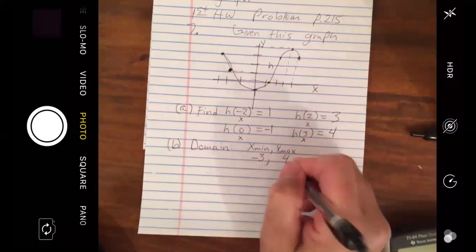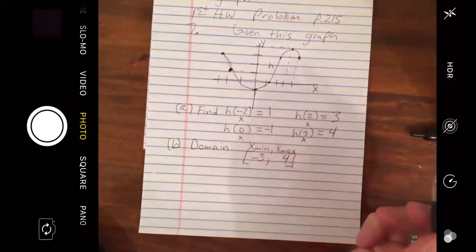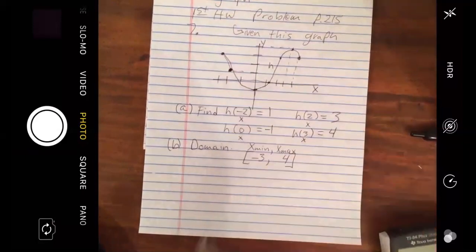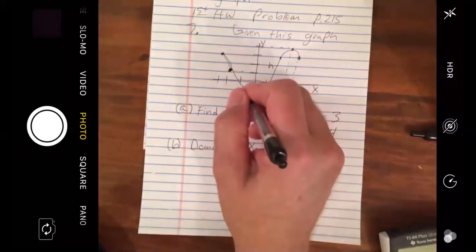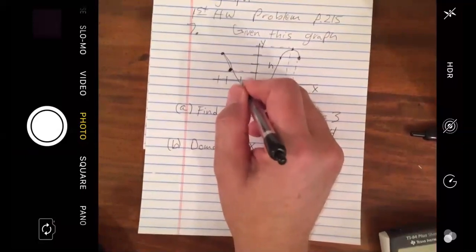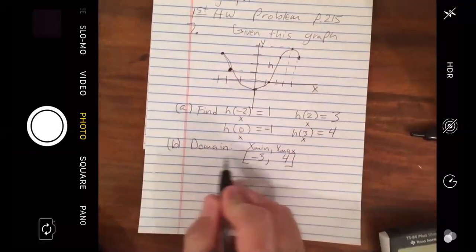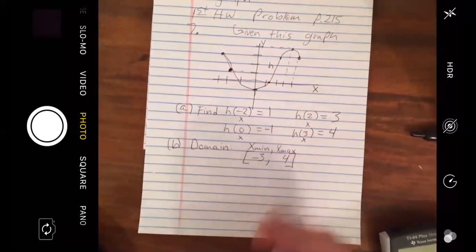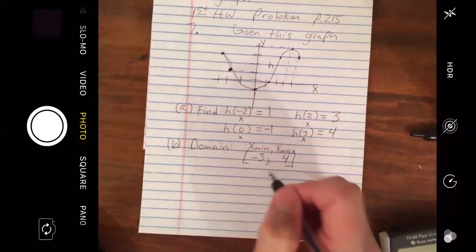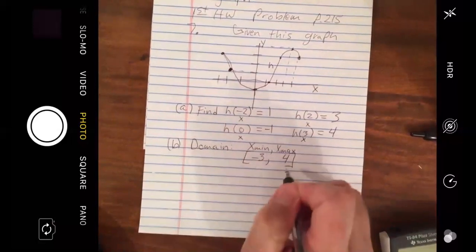And there's closed circles at each end, so that's a bracket. If they had wanted it busted up, they would have made me some open circles. Any open circle along in here would have said, don't use this X. And I'd have had to bust it up with -3 up to that X and then 3 on. But there's no open circles given, so we're using any X between -3 and 4, including -3 and 4.